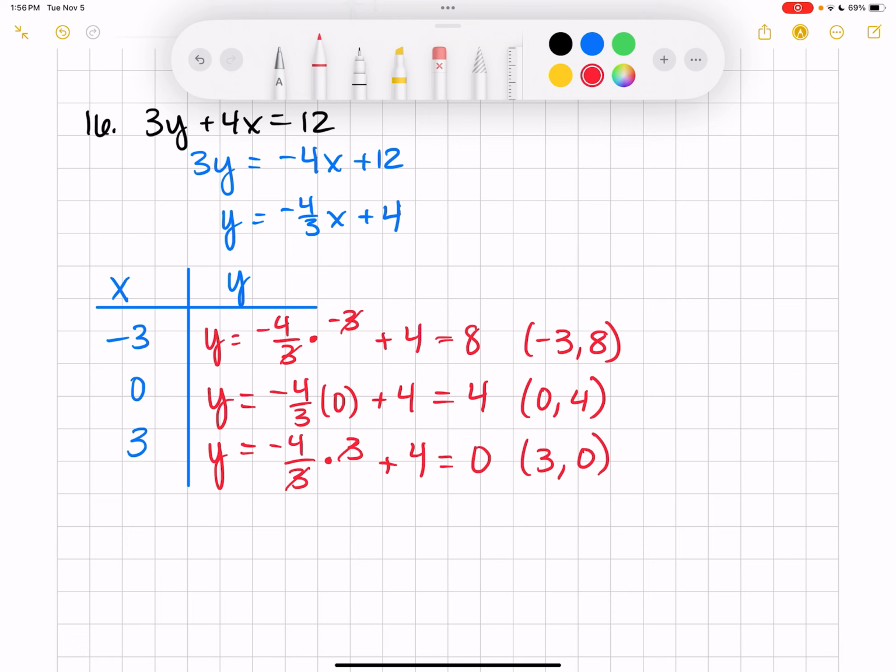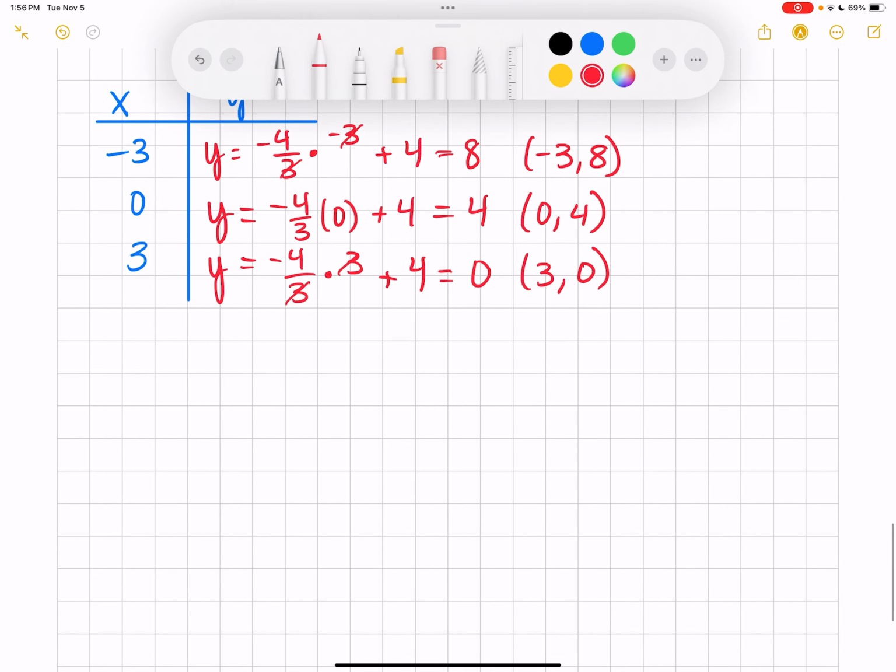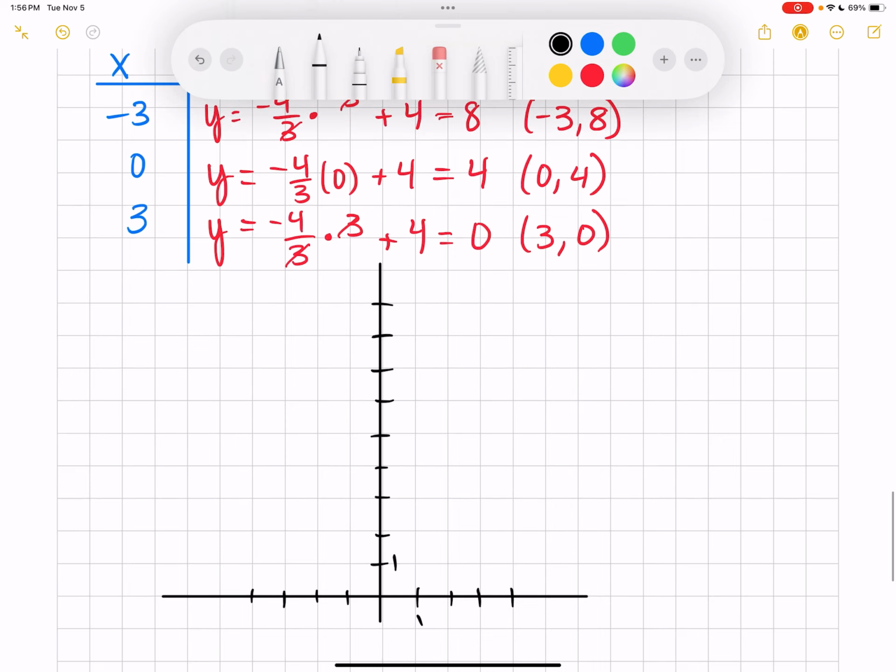So now to graph this one. Put your little marks on the graph. These are increments of 1. Oh, can't see it.